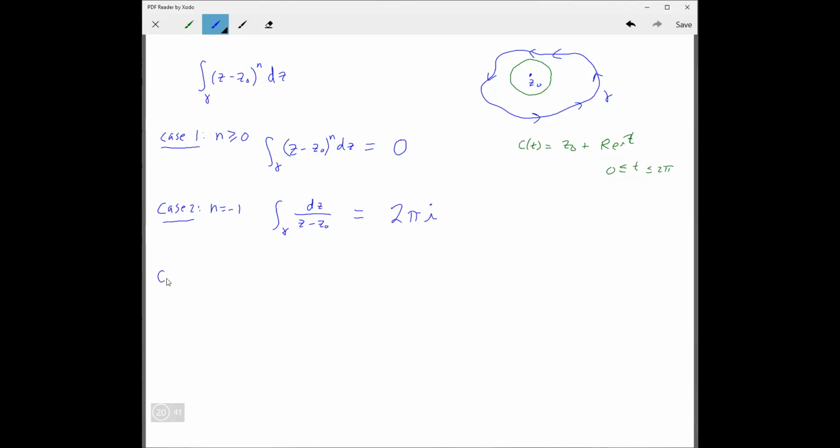Okay, so the third case is where n is less than -1. So like -2 or -3 or something like that. So here you have this integral here.